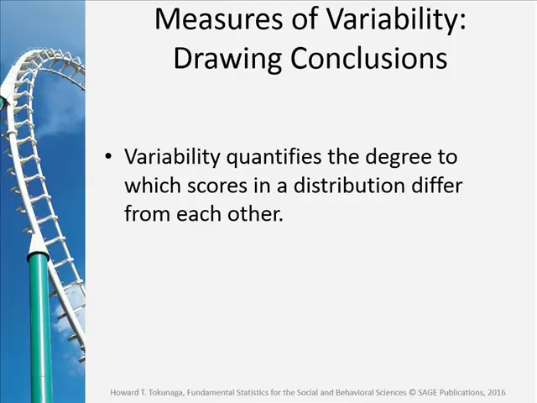Okay. So variability, any measure of variability, is an attempt to quantify the degree to which our data scores are different from each other. We've got some really poor ones. That whole range thing doesn't really work so well. The better ones, the ones that make the most sense, are variance and standard deviation.